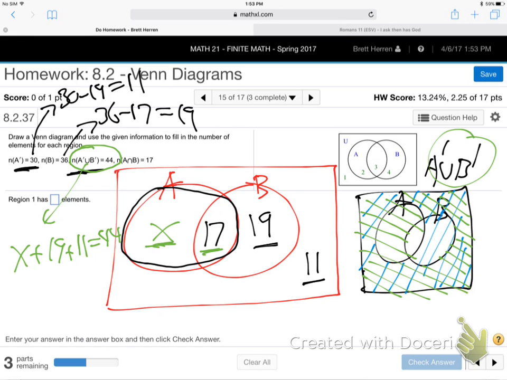X plus 19 plus 11, not the 17 in the middle, skip him, right? Everything but the middle, right? Must add up to be 44. So that's X plus 30 is 44, subtract, what's that, 14? This must be 14. That's what they're telling me.